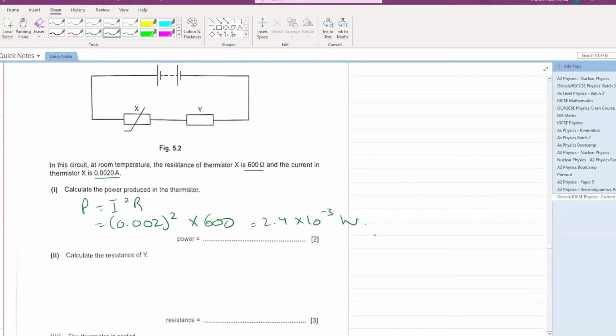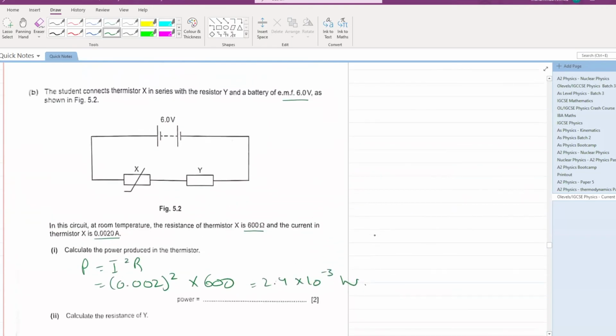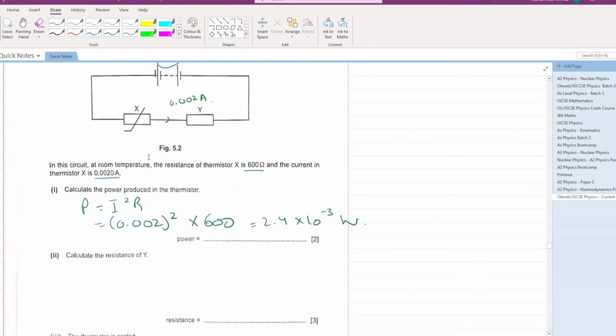Calculate the resistance of Y. Again, very easy. The current here is 0.002 ampere and the total EMF of the battery is 6 volts. Can you calculate the voltage taken up by this thermistor?